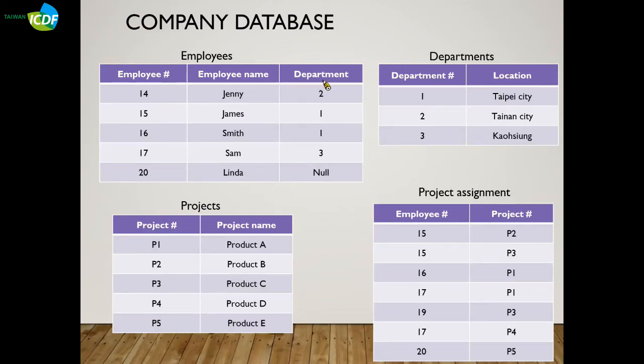After comparing the single attributes, we can find employee number is suitable for being the primary key because it's unique.